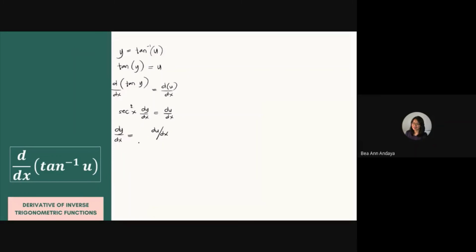We are left with du all over dx divided by secant squared y. From this, just like the first two formulas, pwede nating kunin ang equivalent ng secant y sa pamamagitan ng Pythagorean Theorem.